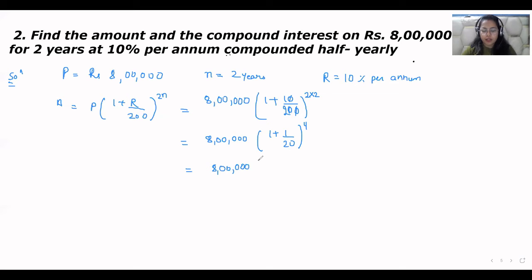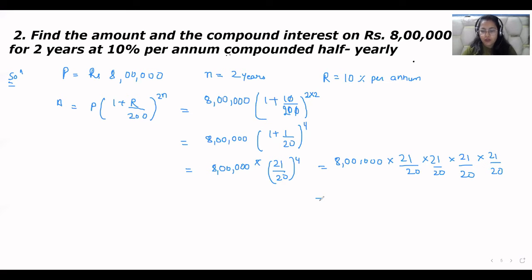We take the LCM and solve it, and we get 21 over 20 to the power 4. We can write it as 8 lakh times 21 over 20, times 21 over 20, times 21 over 20, times 21 over 20.